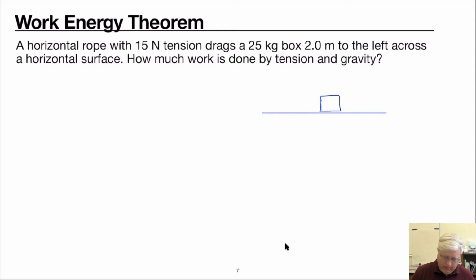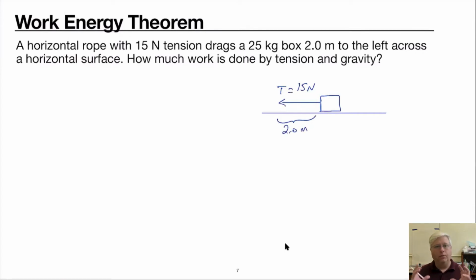So let's say we have this box here, and we have a horizontal rope pulling to the left with a tension. The tension is 15 newtons force. It's being dragged horizontally, and it moves over a distance of 2.0 meters.